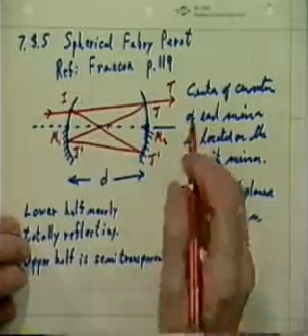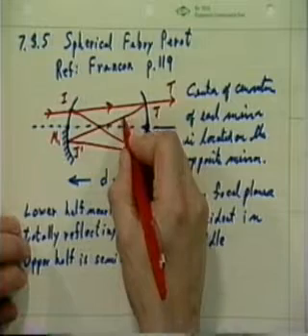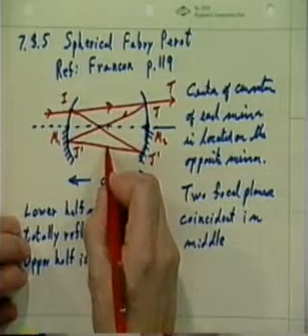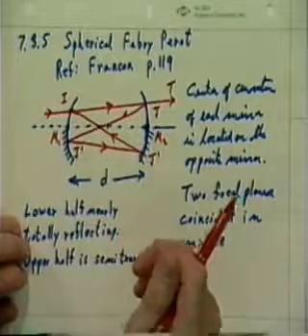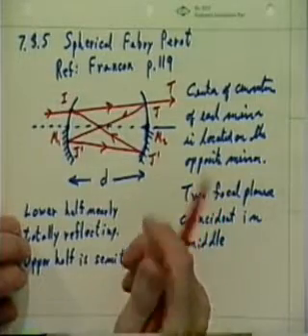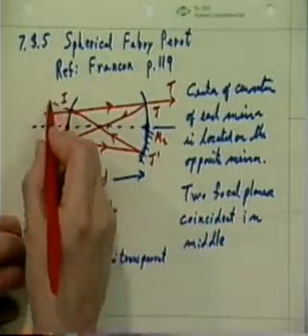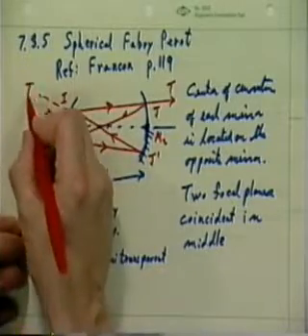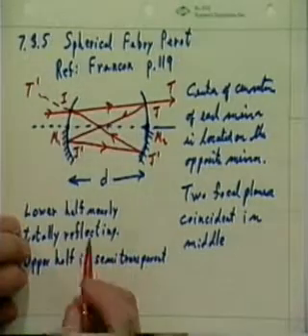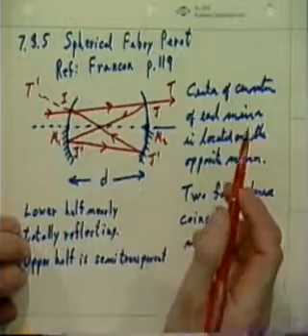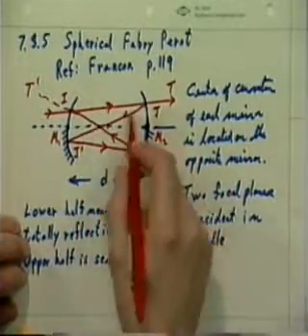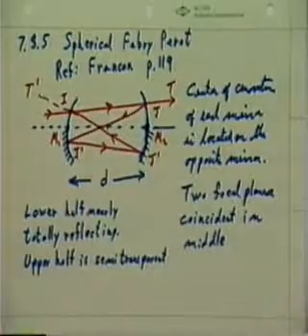Okay. So the light goes here, here, here, and back there. And lo and behold, we're back where we started from. And I guess you might have some light that comes out here. We call that T prime. And then this is going to go through here again. Okay. And just keep repeating itself.